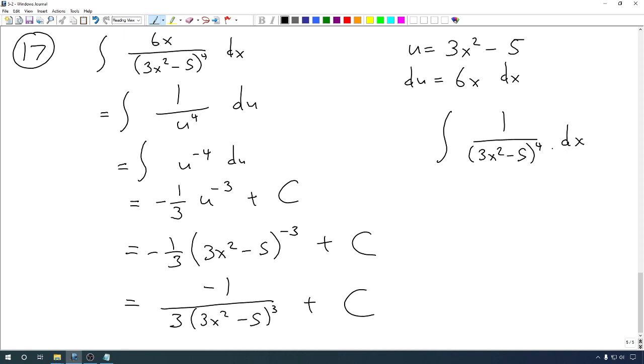So not all substitutions are going to work. It worked just fine for this particular integral. It's not going to work just fine for this one. And I'll show you a few cases where that's not a big problem, but for this one it actually kind of turns into a big problem. Let's say it doesn't work here.